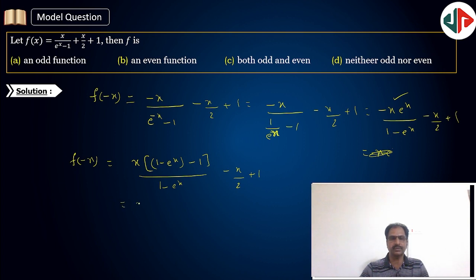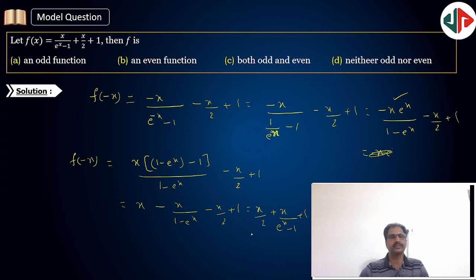Now split this into two terms. X into 1 minus e power x by 1 minus e power x is x minus x by 2 plus 1. What is x minus x by 2? Plus x by 2. Minus x by 1 minus e power x can be written as plus x by e power x minus 1 plus 1.